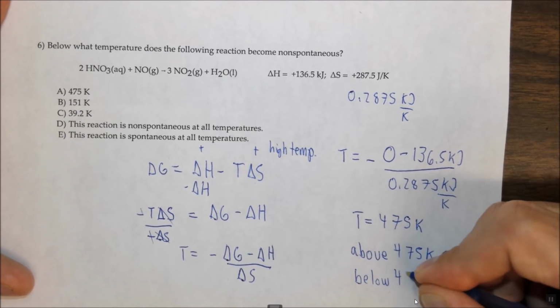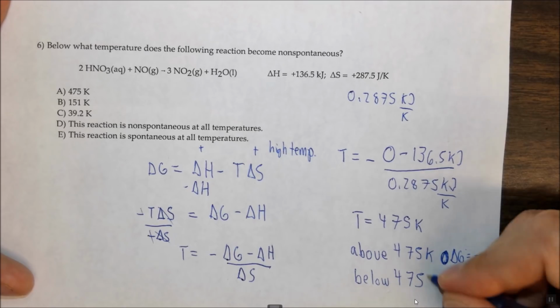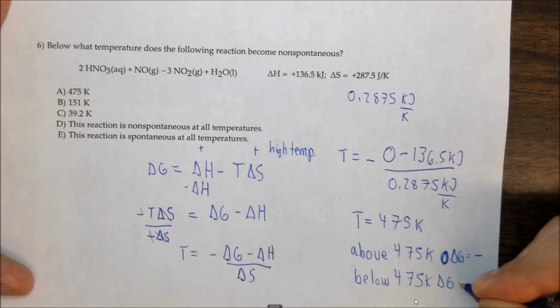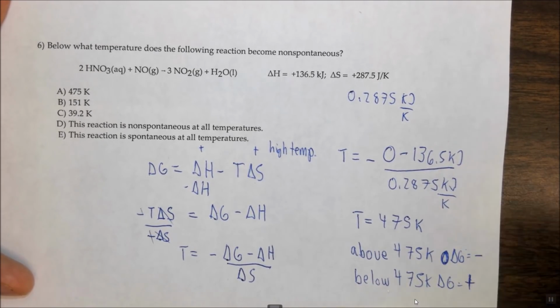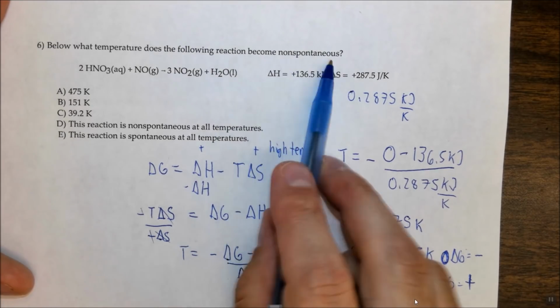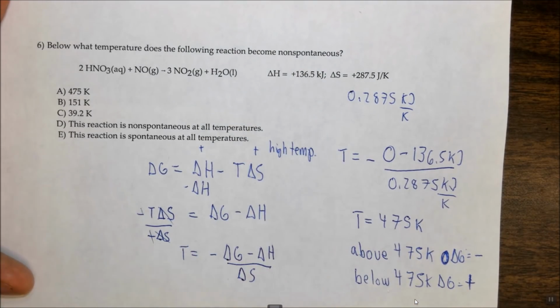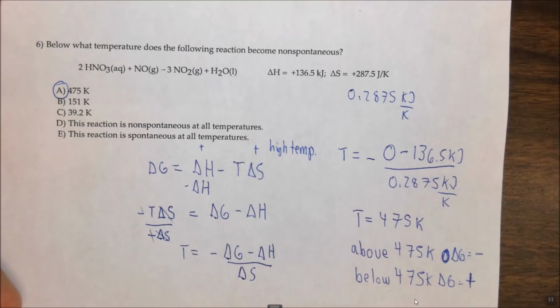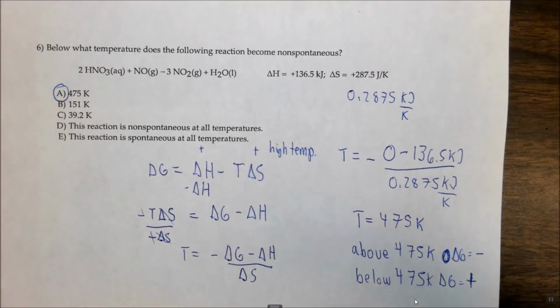Below 475 K, delta G is positive and non-spontaneous. Either way, it is the temperature where the tipping point is, and in this case, it's 475 K.